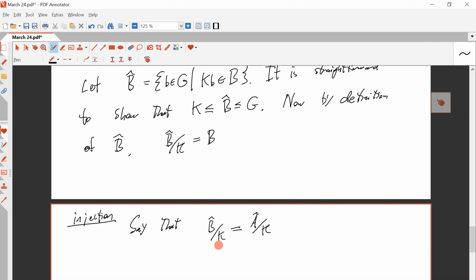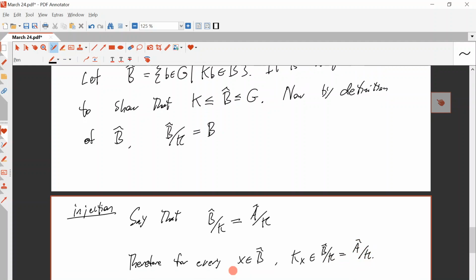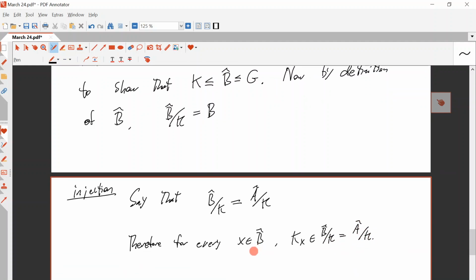So say that A hat mod K is equal to B hat mod K, therefore for every x in B hat, Kx is an element of B hat mod K, which is equal to A hat mod K. So x, which is in B hat, is in A hat.